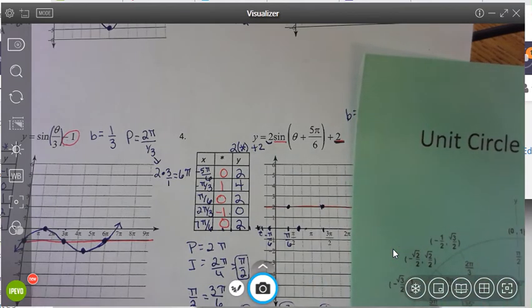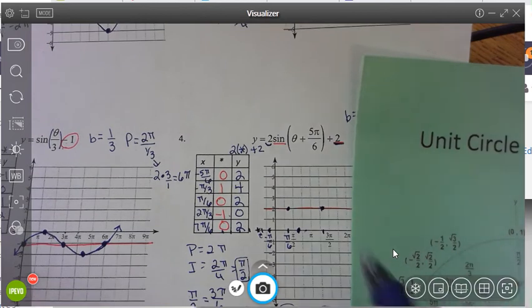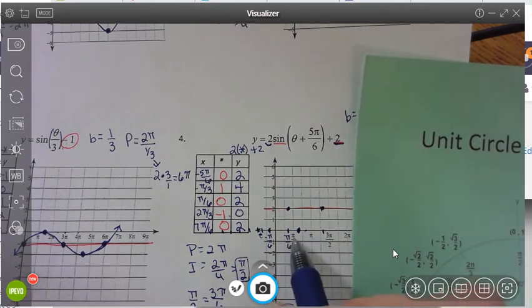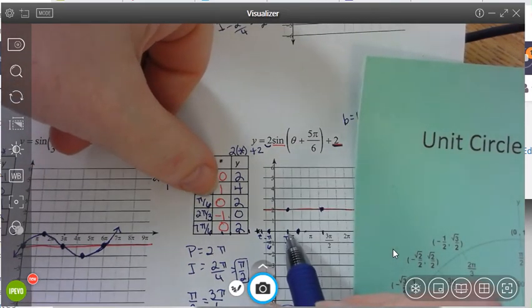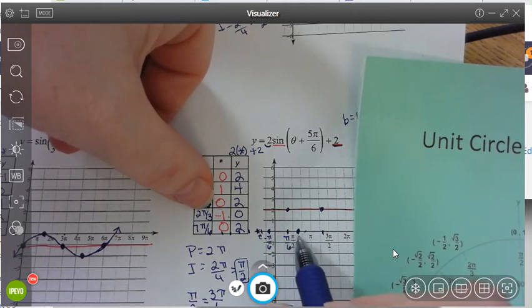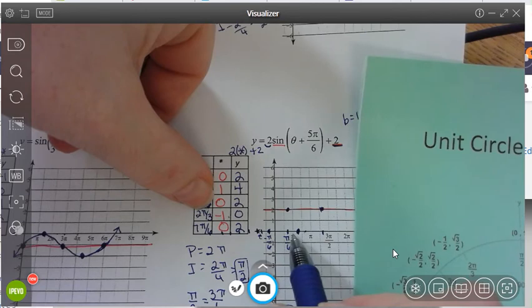I don't know if they didn't keep these marks true. They should have. There's pi over 2. This is pi over 3, pi over 6, 2/3 pi. 2/3 of the way to pi is just over half, but that's 3/4, so it should be right here.